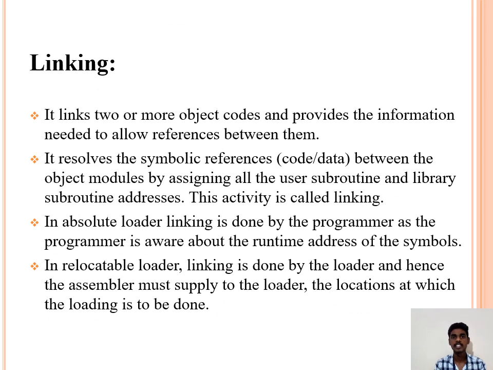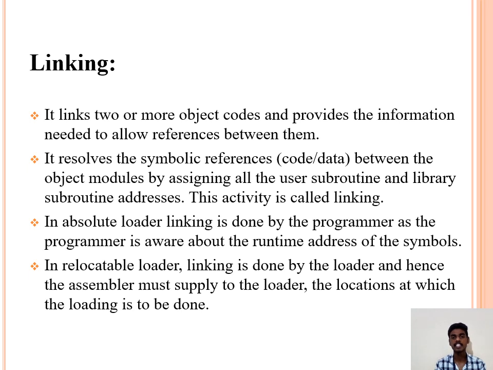Now we'll see linking. Linking is nothing but linking two or more object codes and providing the information needed to allow reference between them. It resolves the symbolic references like code or data between the object modules by assigning all the user subroutine and library subroutine addresses.